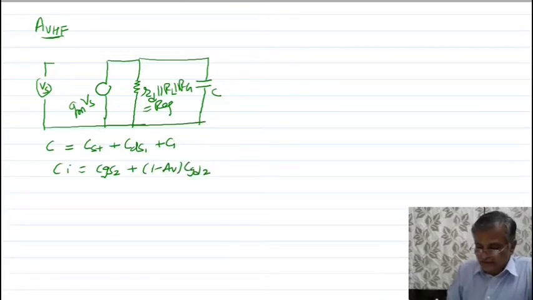Here you are taking the output voltage VO.